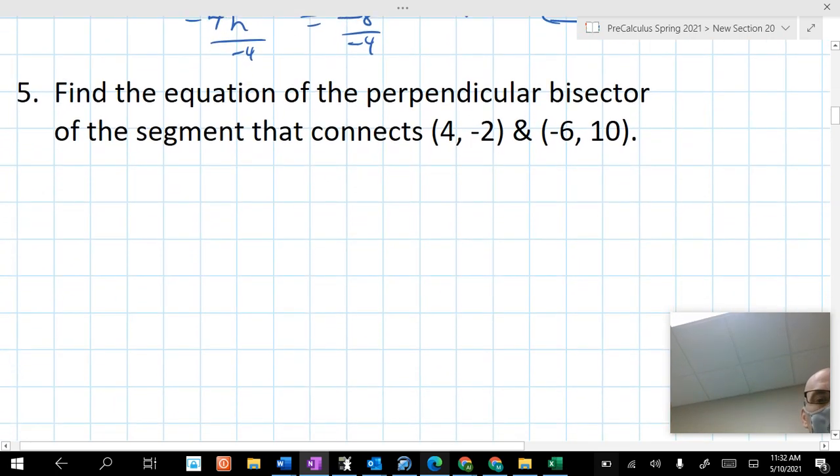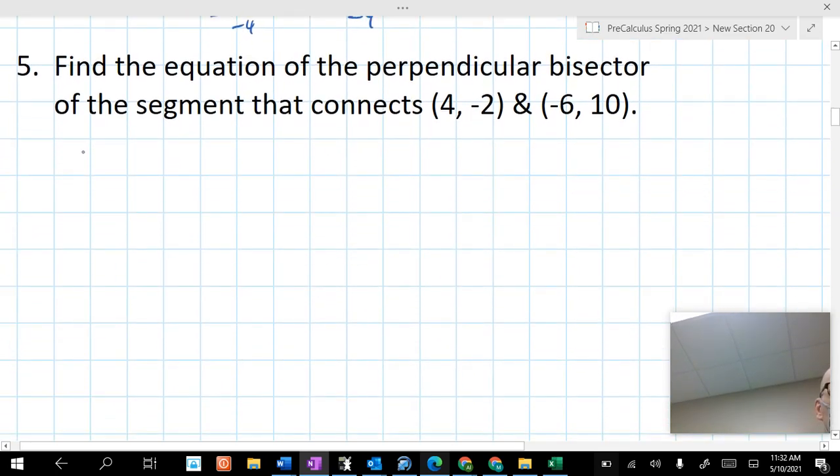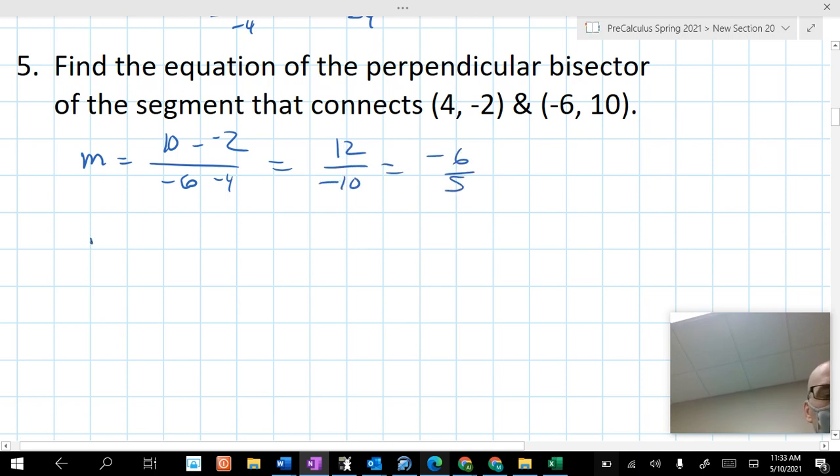Equation of the perpendicular bisector. We have to find the slope first. Slope is 10 minus -2 over -6 minus 4, which is 12 over -10, which is -6/5. The slope of the perpendicular is the opposite reciprocal, which is 5/6.